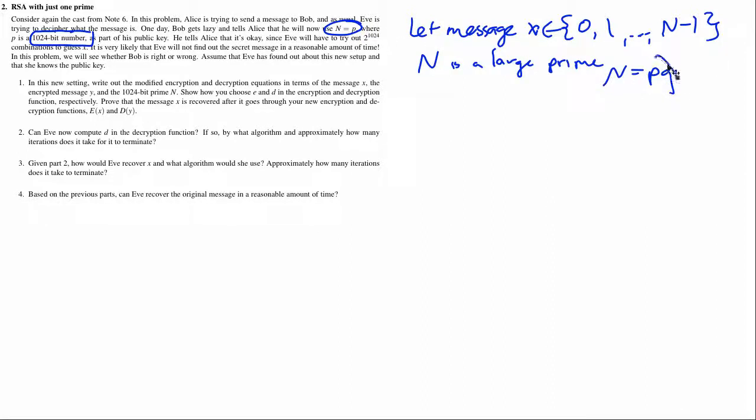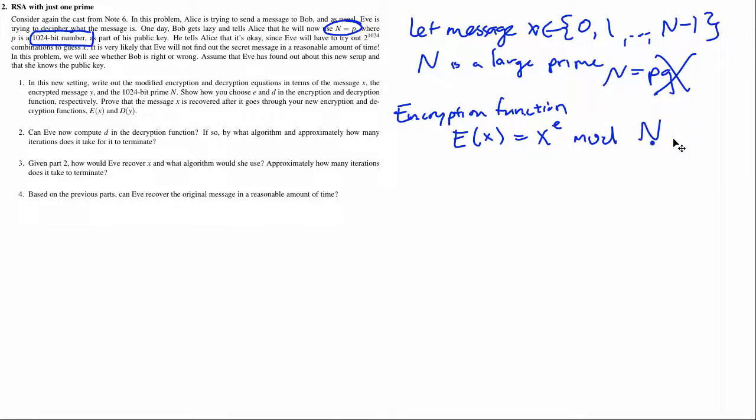But here you're given that n is p, so you can forget about q. You also had an encryption function, right? And this is E of any message equals x to the e mod n, which is x to the e mod p in this problem. And we can call this result y.